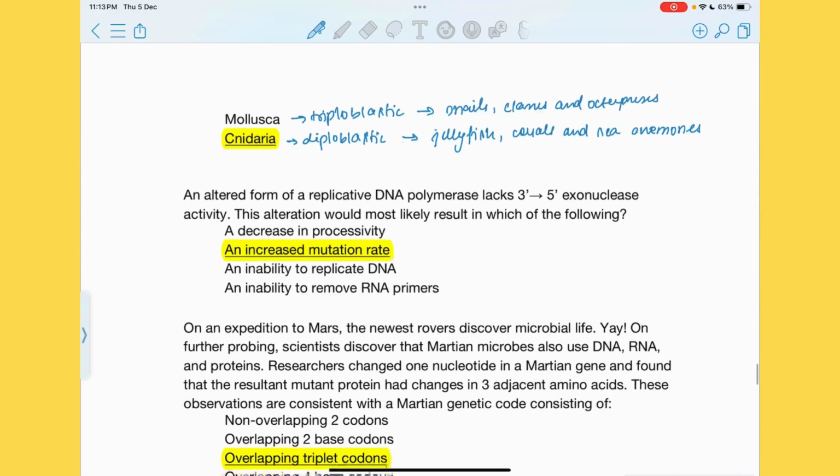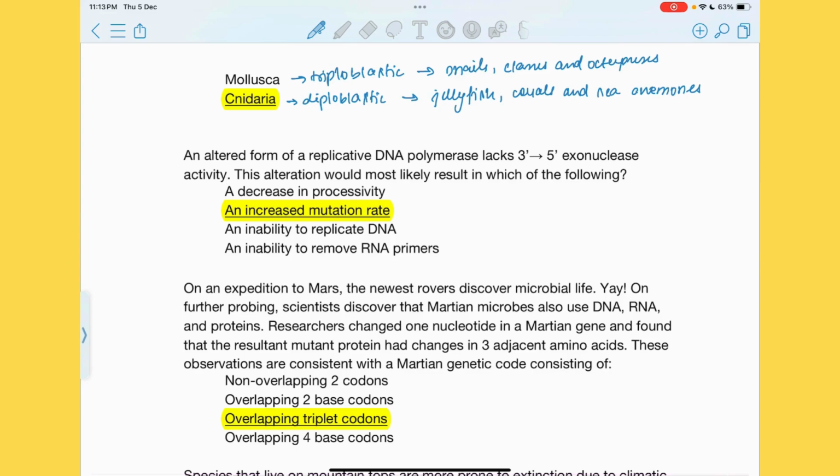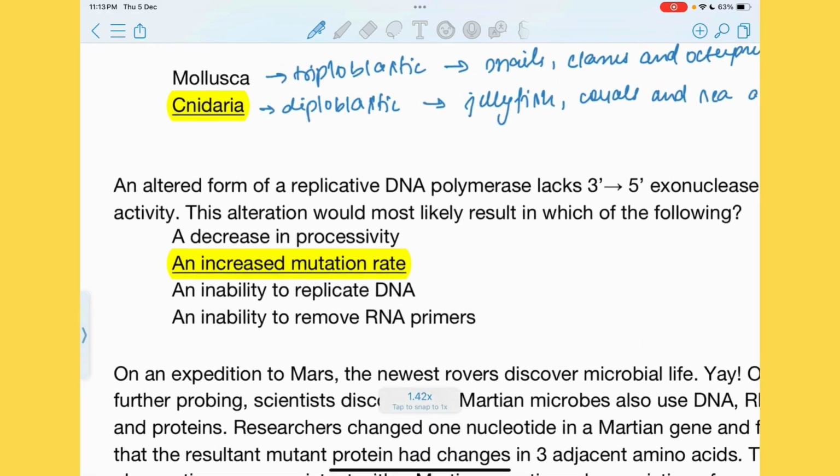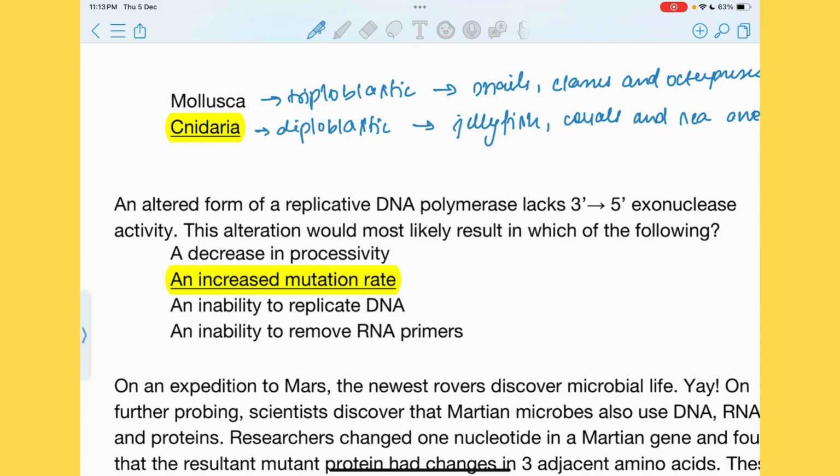Okay, next question says, an altered form of replicative DNA polymerase lacks 3' to 5' exonuclease activity. This altered mutation most likely results in which of the following? A decrease in processivity, an increased mutation rate, an inability to replicate DNA, and inability to remove RNA primers.